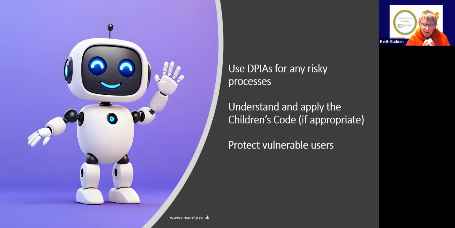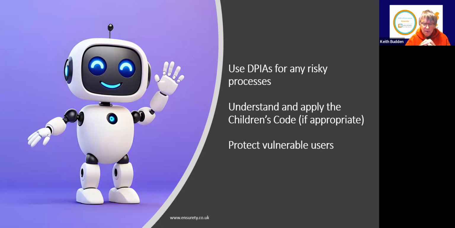If the screening sheet indicates there is any risk, then make sure you use a DPIA for those risky processes. And always err on the side of caution. If you're not sure whether you should use a DPIA or not, then do a DPIA. There's no harm in it. No one's going to get drastically upset because you did a DPIA when you didn't actually need to do one. So if you're unsure, play safe. Do a DPIA.